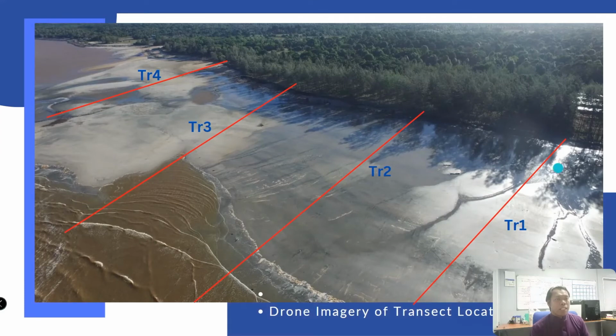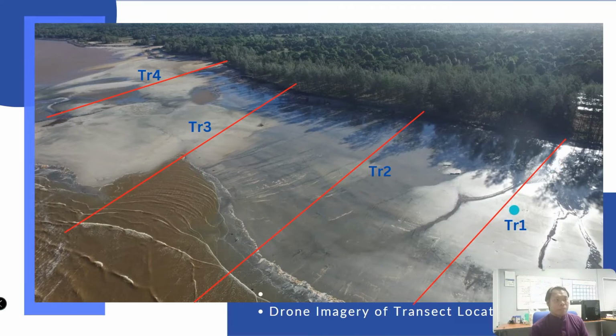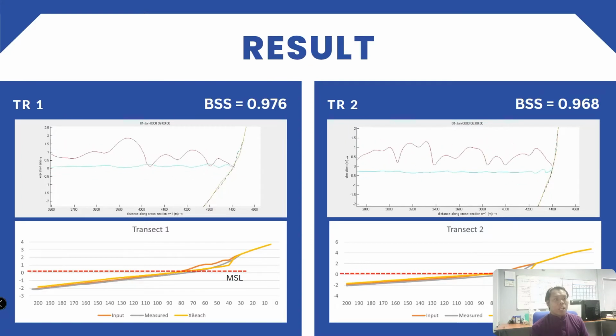This is generally the transect line that I use for the 1D model. This is an area image in front of INOS. This is Pantai Cherok Paloh beach. This is the result for the 1D for transect 1 and transect 2.